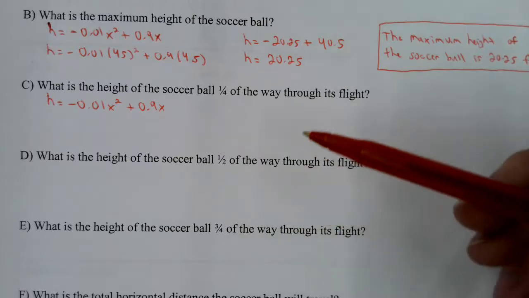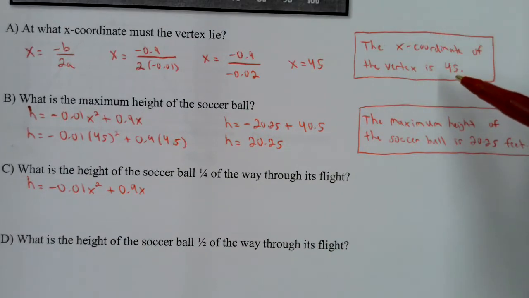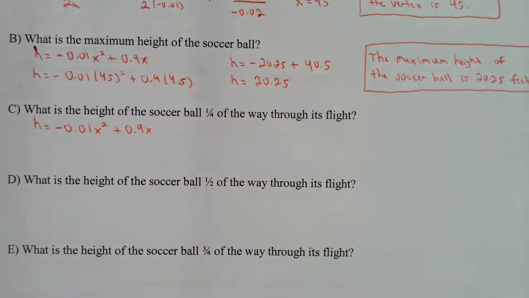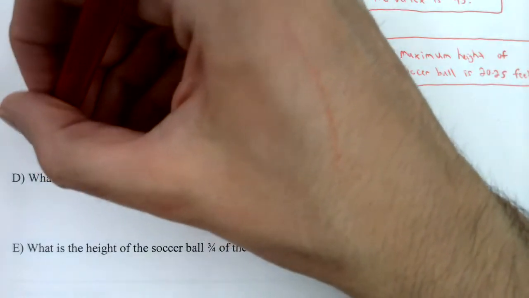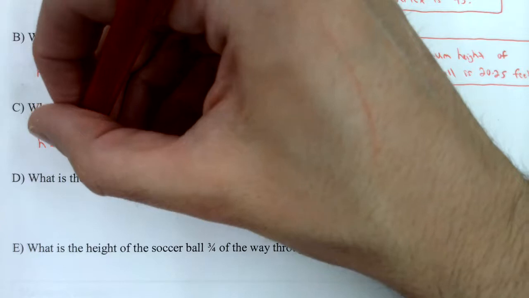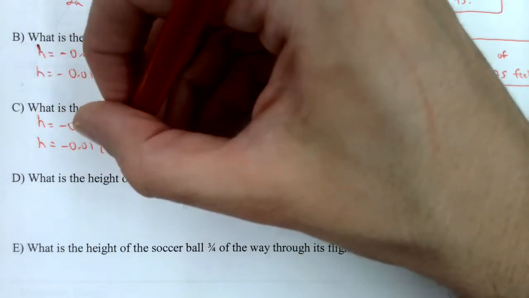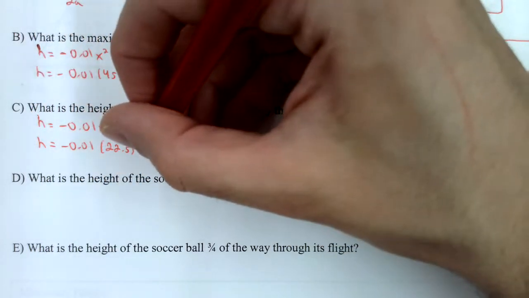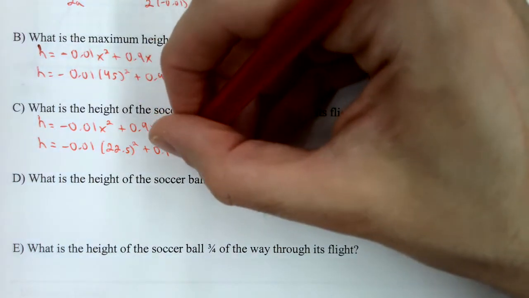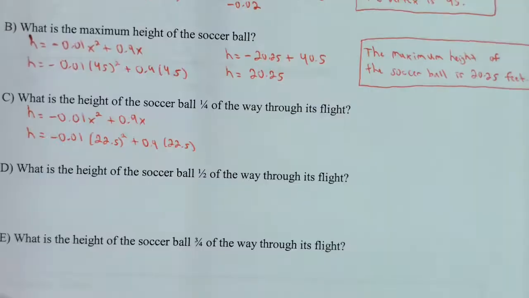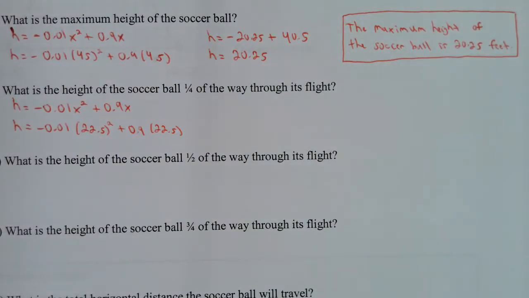If the x value of 45 corresponds to halfway, we want half of 45, so we want 22.5 for x. So h equals negative 0.01 times 22.5 squared.